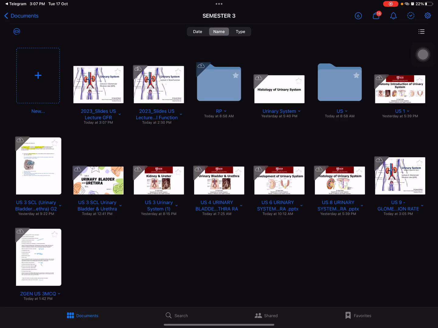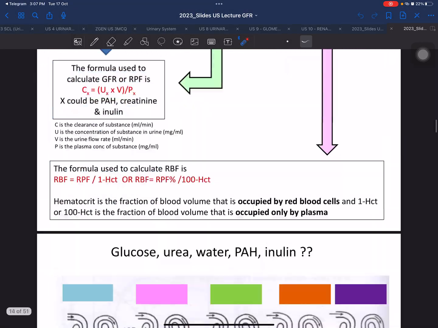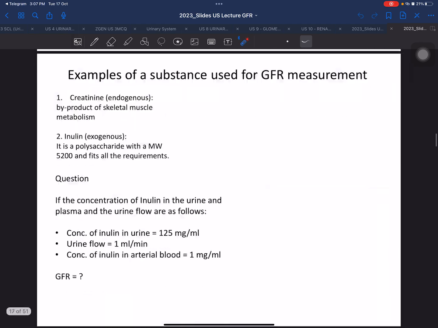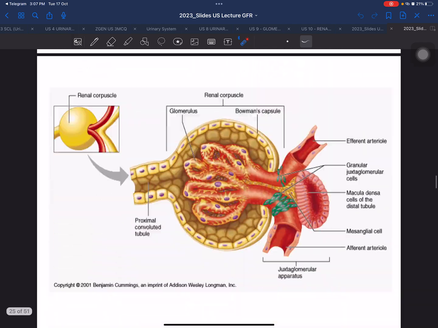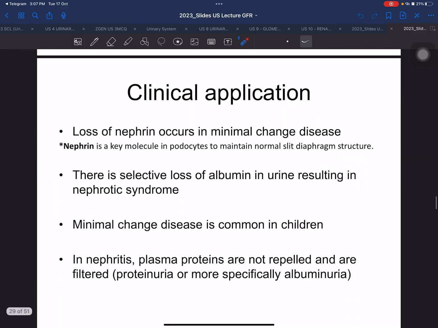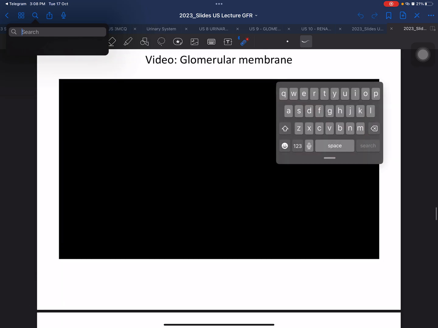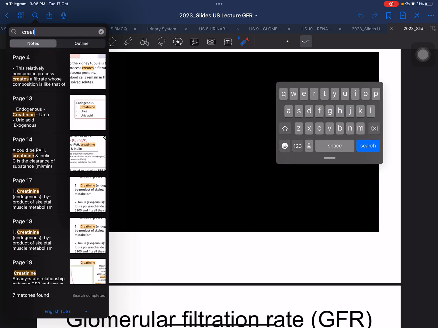Why is it easier for physicians to use creatinine clearance instead of inulin? One is endogenous, one is exogenous, for estimation of GFR. Both can be used, but they prefer creatinine clearance because it is simple and does not require intravenous infusion. No one likes to have something introduced into their body. It is the easiest way, and cheaper too.